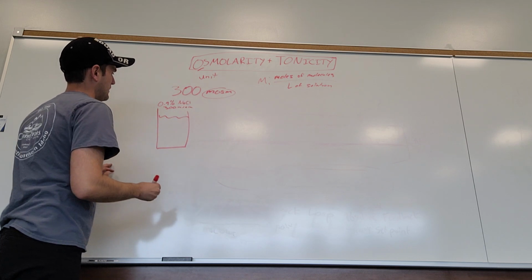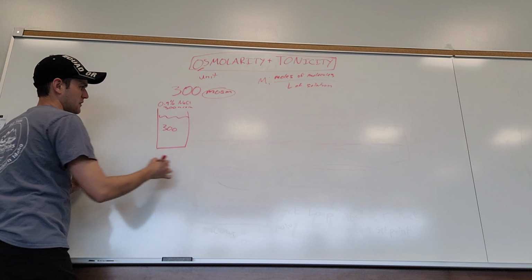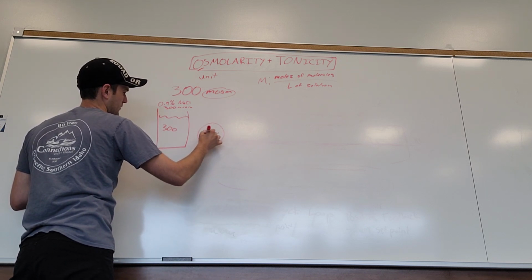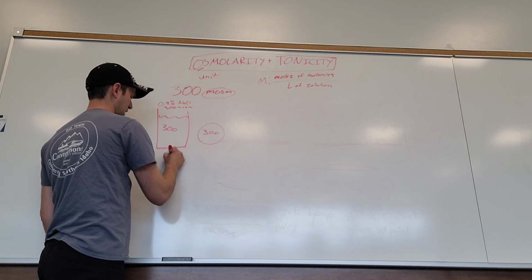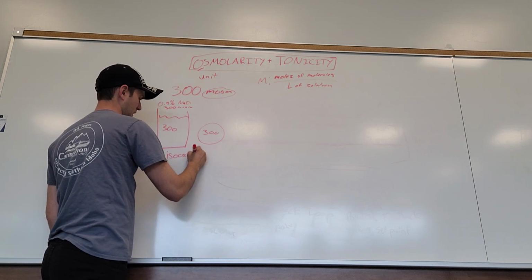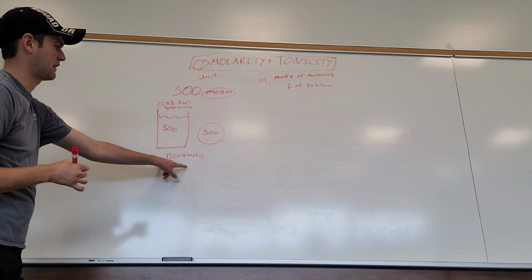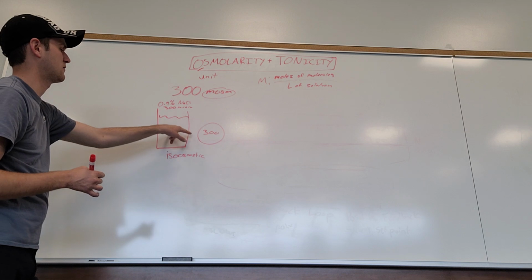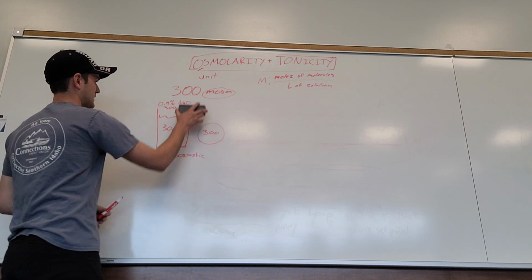So we have 300 milliosmoles in our solution, and then we have our cell also 300 milliosmoles. So this would be what's called an isoosmotic solution. Our cell is isoosmotic compared to the solution, and the solution is isoosmotic compared to the cell.